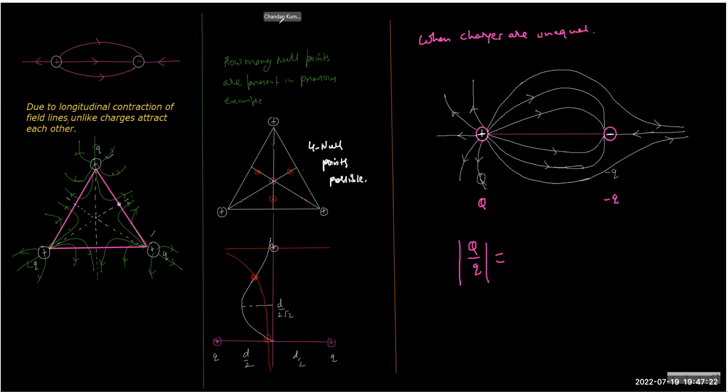It is 11. No, 1, 2, 3, 4, 5, 6, 7, 8, 9, 10, 11, 12. One is here also, no? So 12 is leaving. How many are terminating at minus?